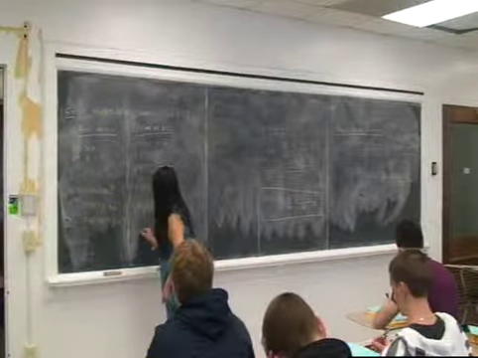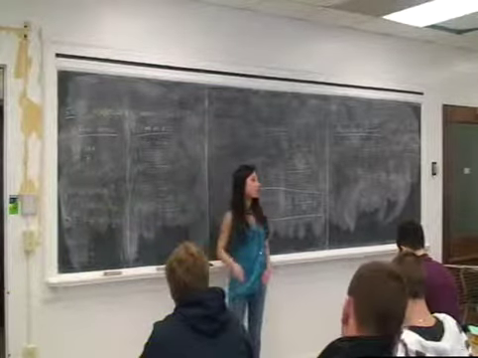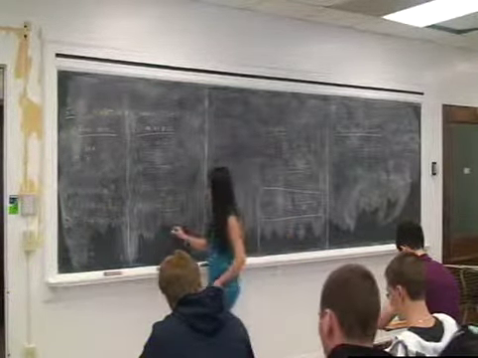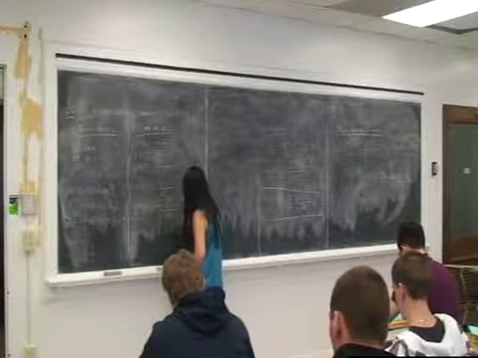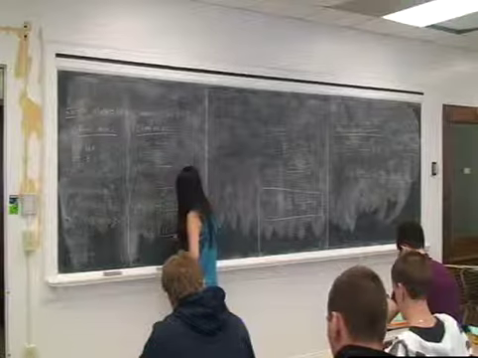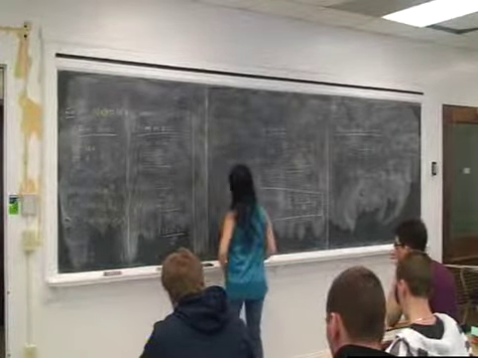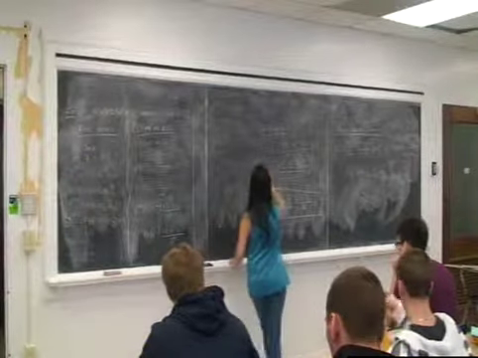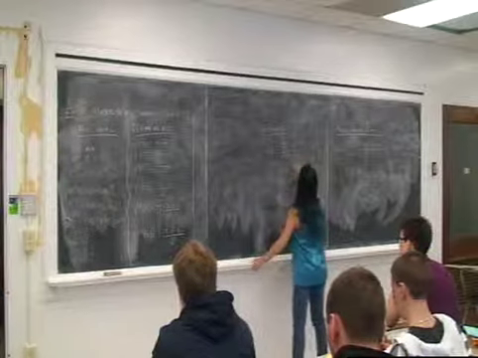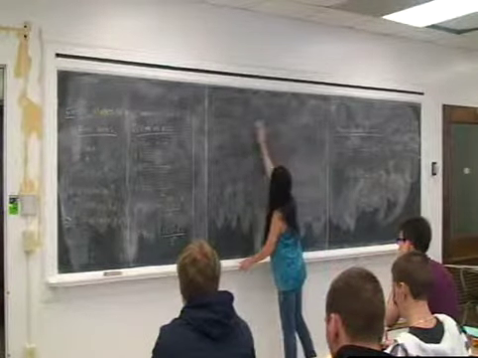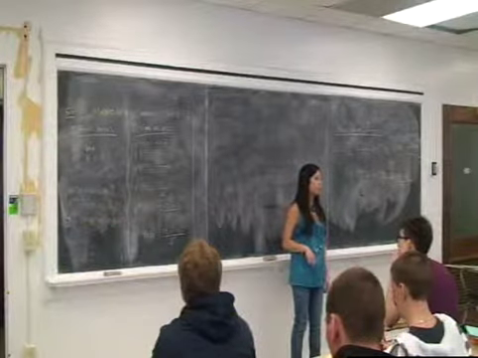And then the fifth derivative, I have 4 negatives, that cancels out to a positive. So we have 4 times 3 times 2 times 1 over 2 to the fifth. Questions?